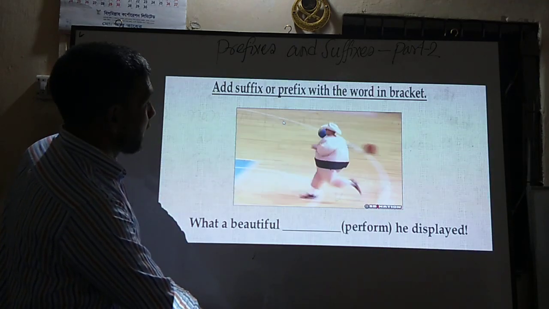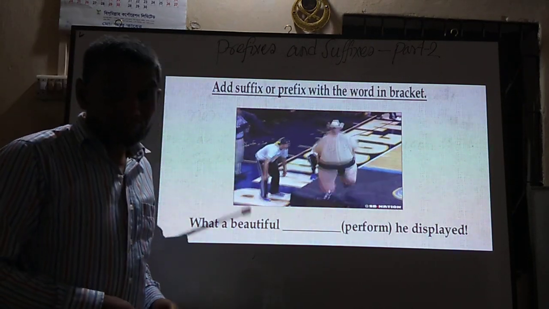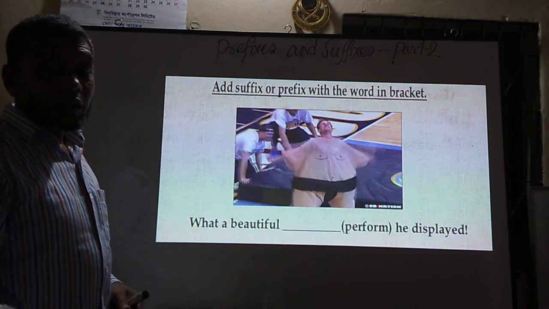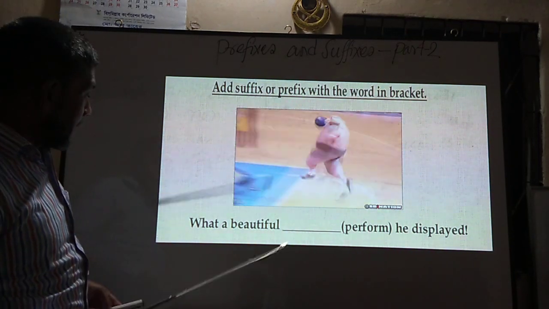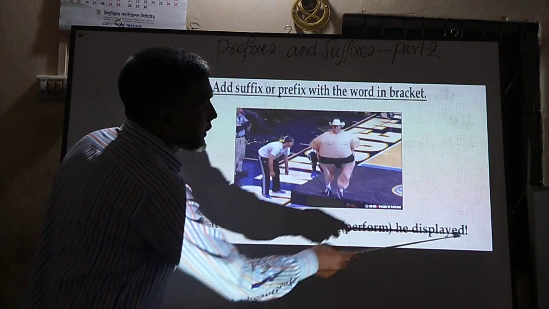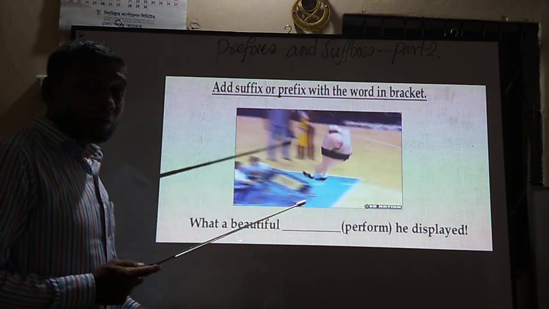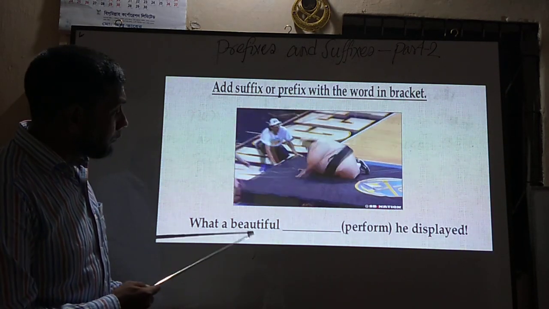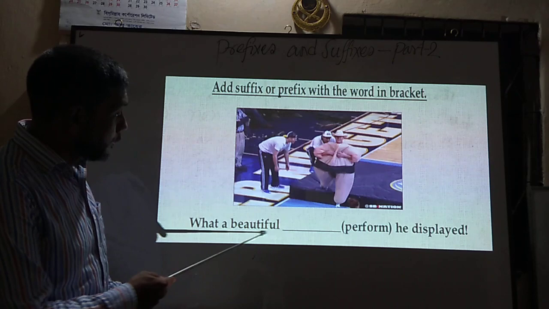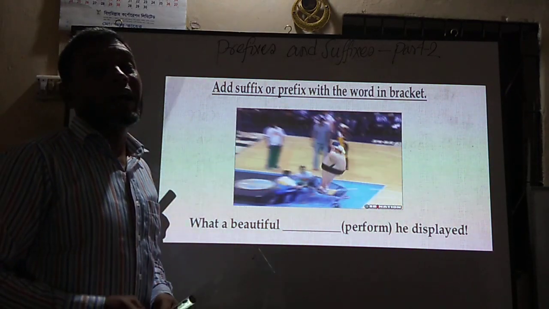So if I go further, again another sentence I have written here: what a beautiful dash he displayed. So what a beautiful. So beautiful is an adjective. So after the adjective, this place is fixed for a noun.